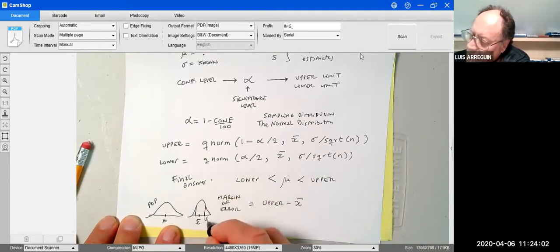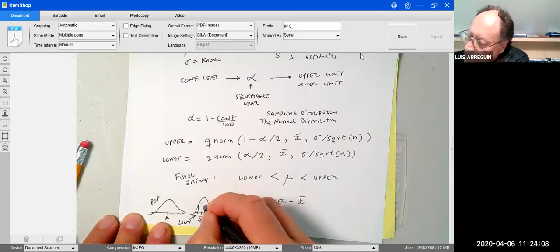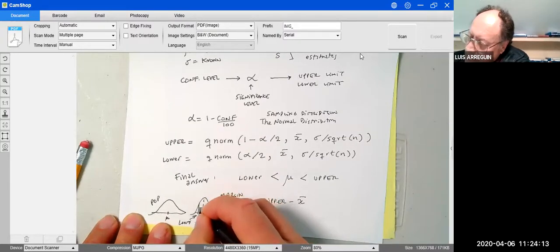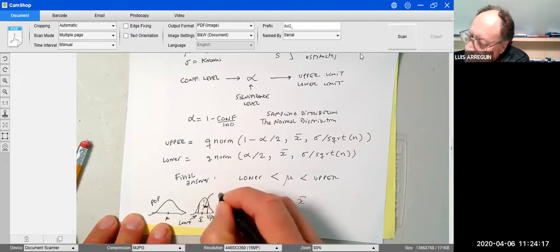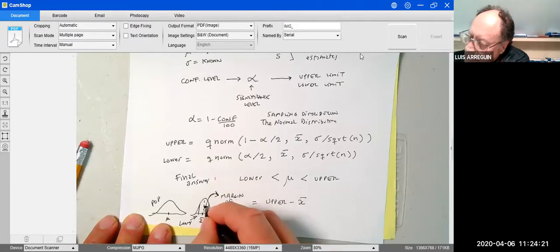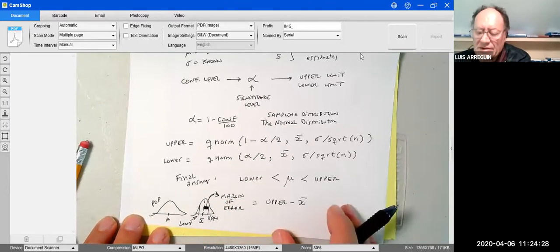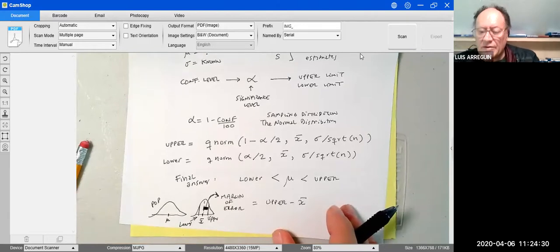This is the upper limit, this is the lower limit, and the difference between the mean and the upper, or the mean and the lower, this difference, that's the margin of error. This distance between the mean and the upper limit, or the mean and the lower limit, that's the margin of error. So we're going to start solving exercises.